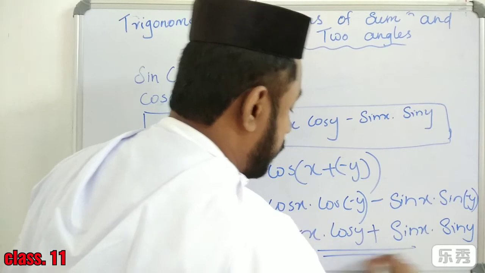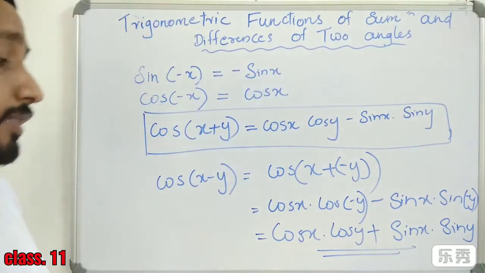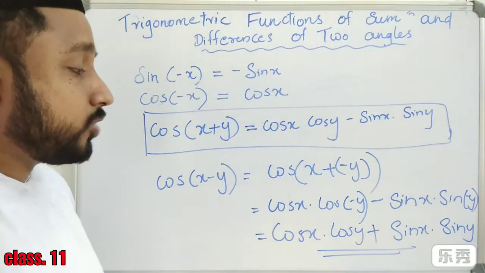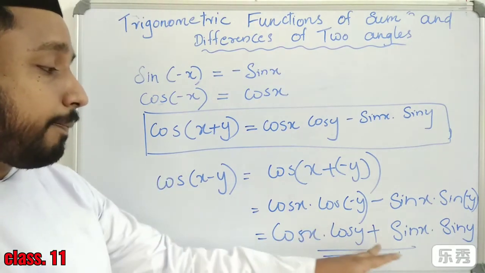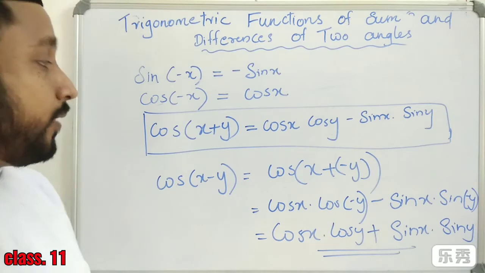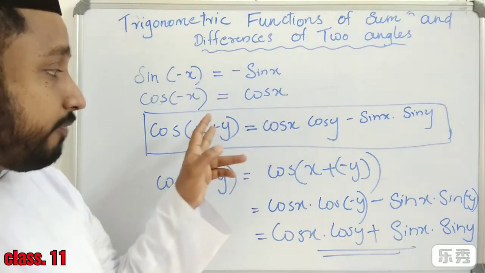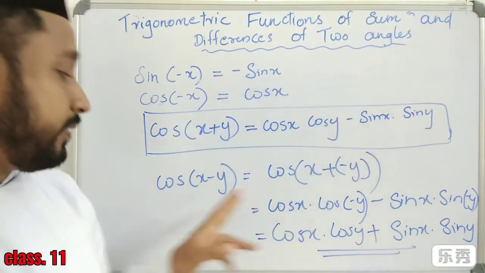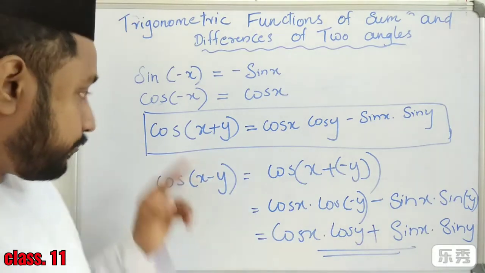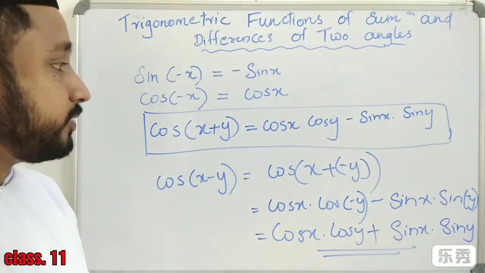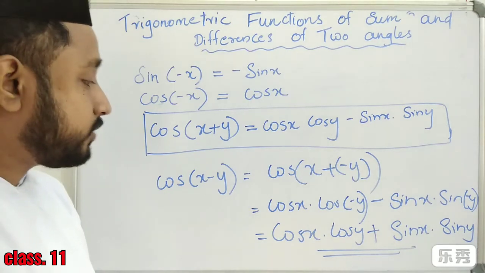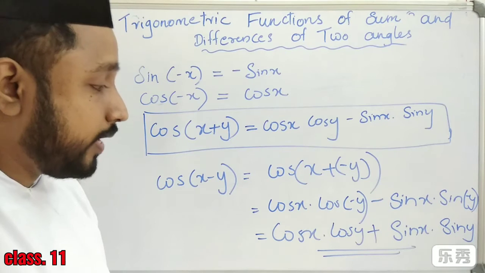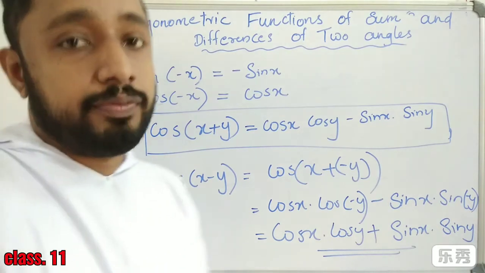So cos of x minus y is equal to cos x cos y plus sin x sin y. Cos of x plus y is equal to cos x cos y minus sin x sin y. Cos of x minus y is equal to cos x cos y plus sin x sin y.